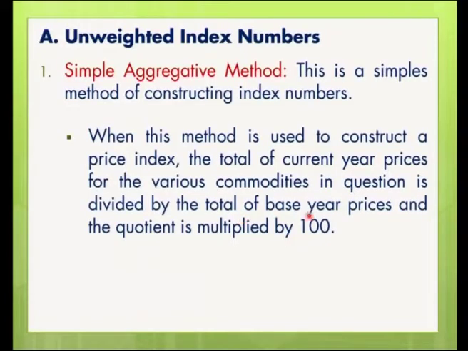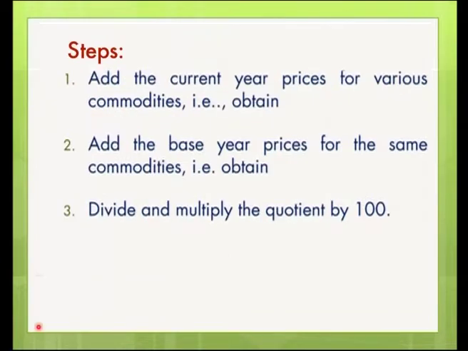So, divided by the total base year price, the quotient we get has to be multiplied by 100 to represent it as a percentage. Symbolically, first add the current year prices for various commodities, that is, obtain summation P1.